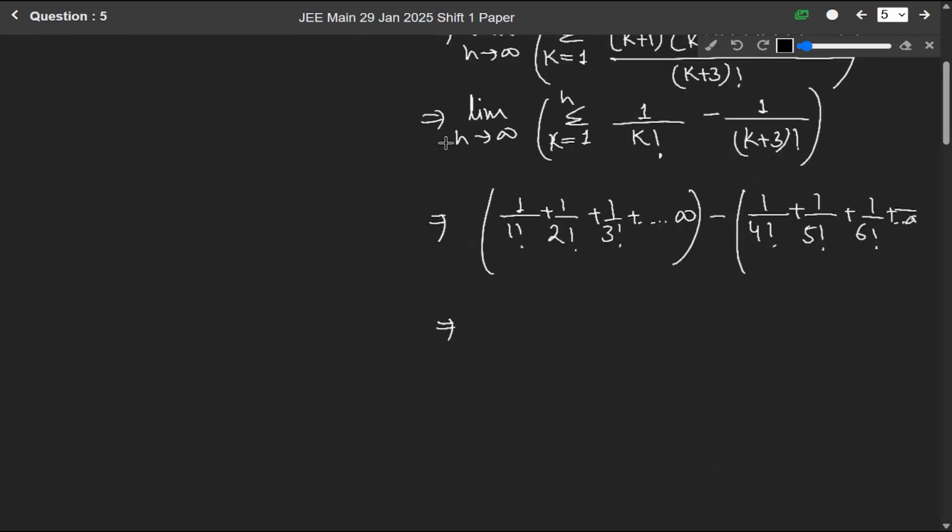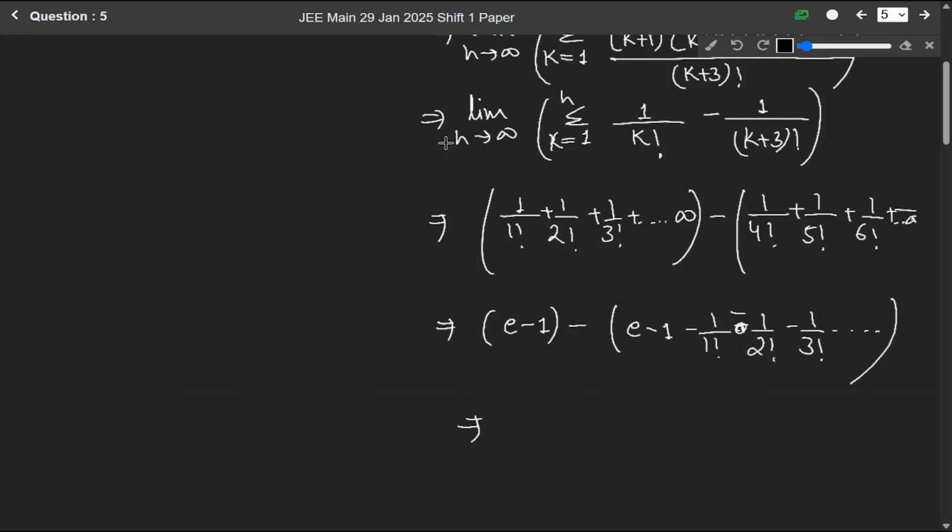Okay. So this can be written as e minus 1, minus, this can be written as e minus 1 minus 1 over 2 factorial minus 1 over 3 factorial. Okay. So e will cancel out, minus 1 plus 1 will cancel out.